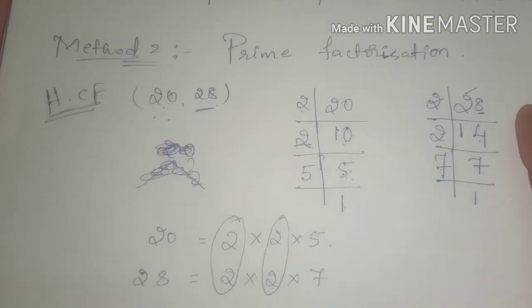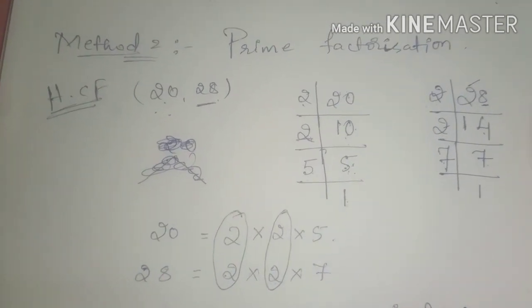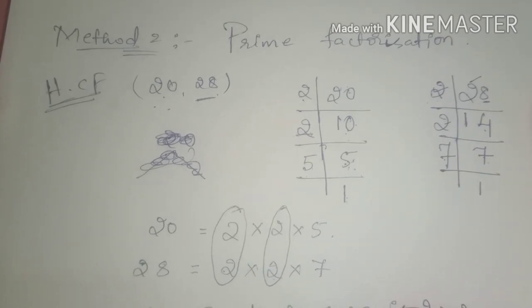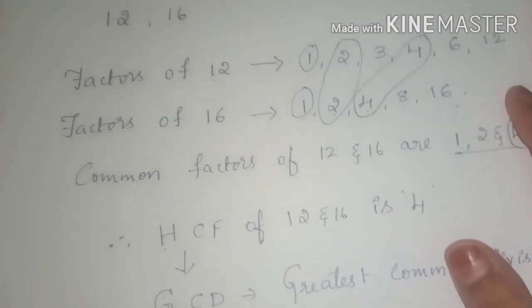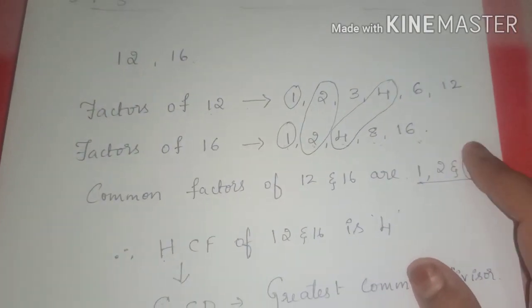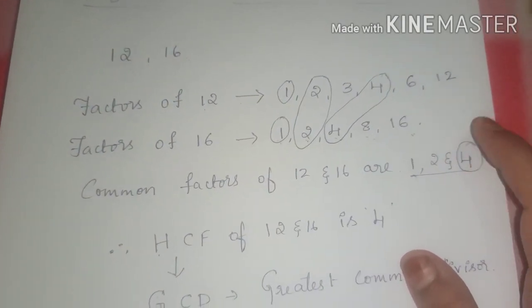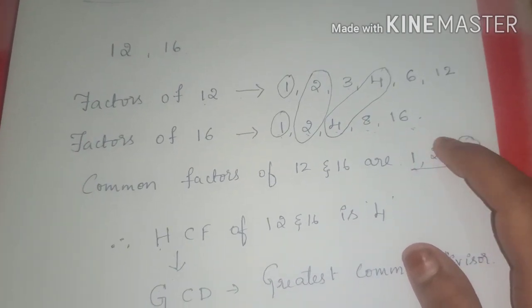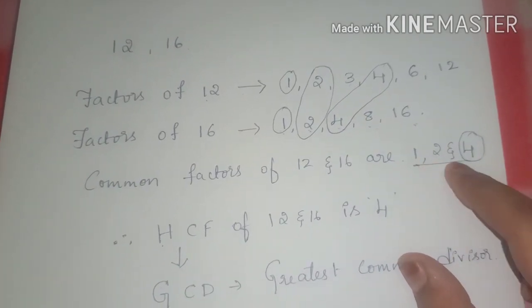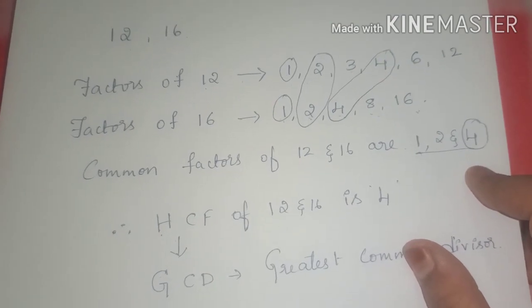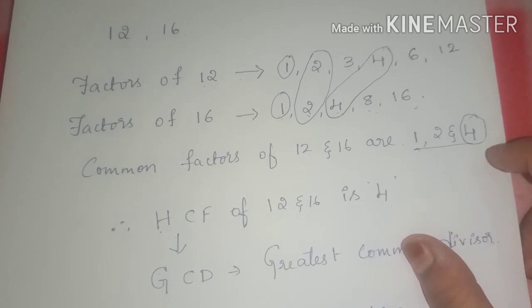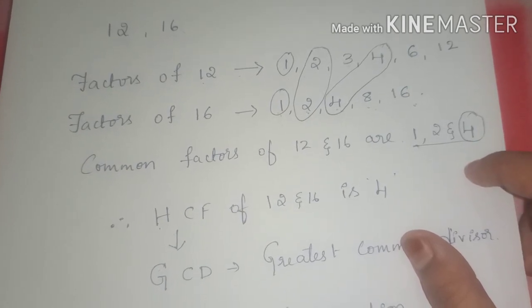So this is how you can find the highest common factor by the prime factorization method, and as usual by finding the common factors: write the factors of 12 and 16, search for the common factors, then search for the highest common factor. Is it clear, children? We will solve some more exercise problems.